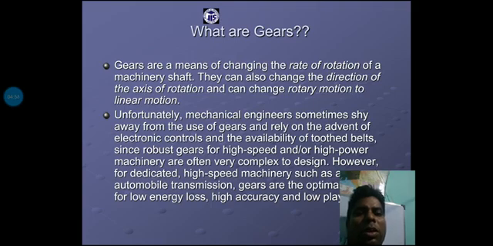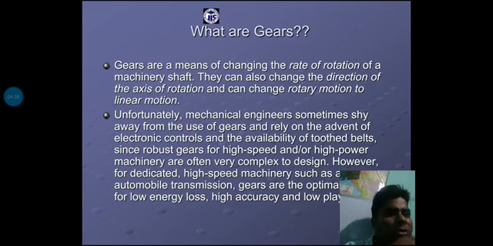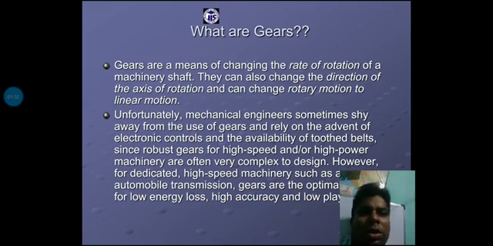Now next, mechanical engineers sometimes say they move away from the use of the gear and rely on the advent of electronic controls and the availability of tooth belts. Since the robust gear of high speed and any other type of gear can be used for designing purposes, spur gear is also an easy and cheaply available gear.